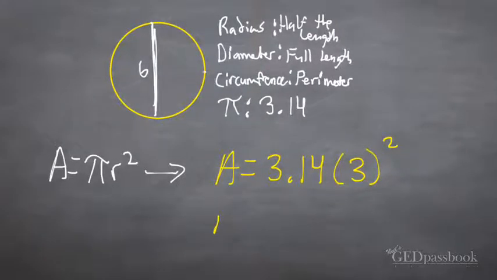I have a 28.26. Does anybody else have something different? Well, then that's your area. The area of this circle is 28.26 whatever. Cubic inches, cubic feet, cubic whatever of water, of fertilizer, whatever the word problem is, they'll give you the units. So that's how you found the area.